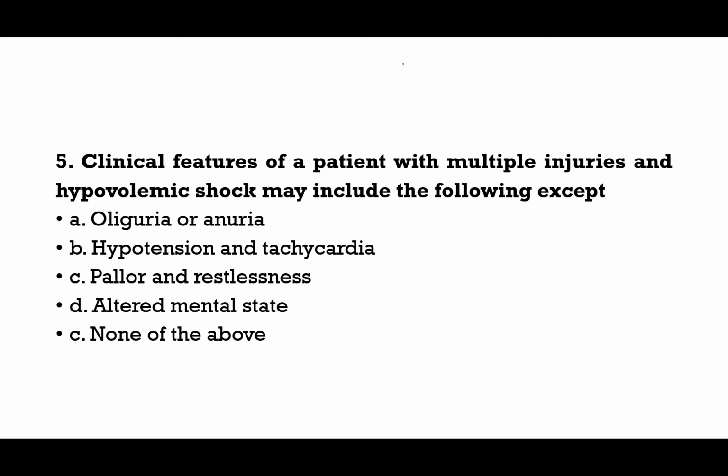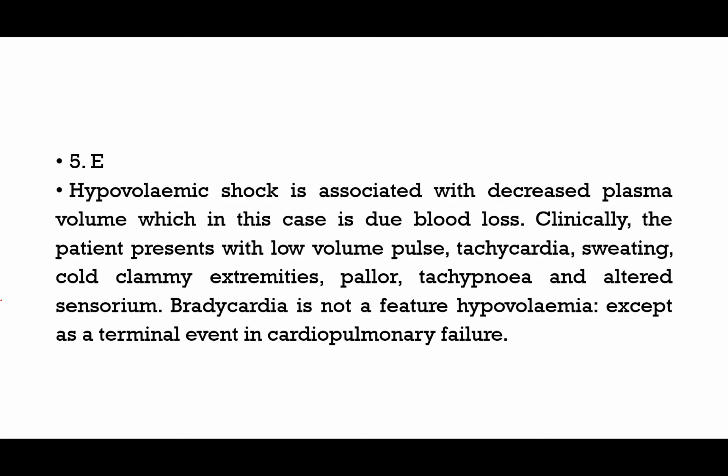Even the perfusion to the kidneys is reduced. Hypotension and tachycardia, that is correct. Pallor and restlessness, altered mental states. So all these are features of shock. So your most appropriate will be none of the above.